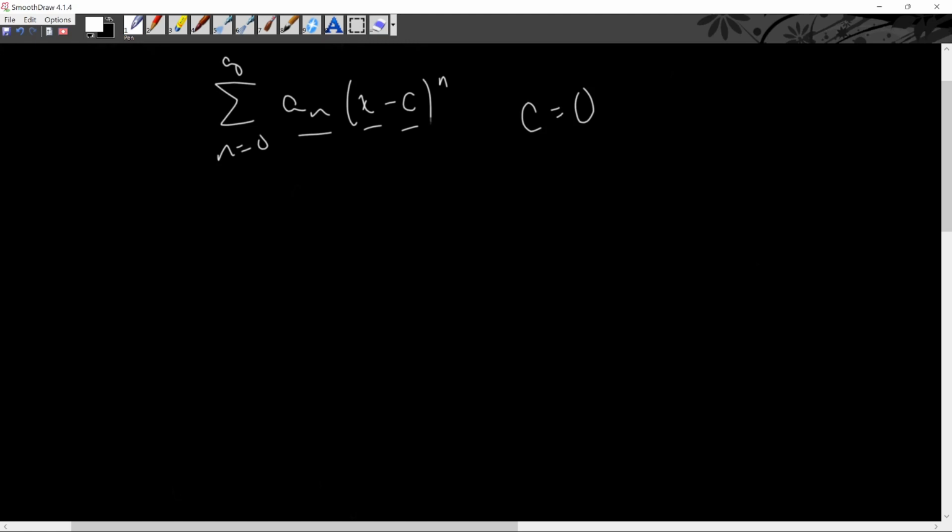So let's just assume that c is equal to 0, and we will also assume that this series from n equals 0 to infinity of a sub n times x sub 0 to the nth power is converging, right, with x sub 0 being a real number. x sub 0 is just any possible value.